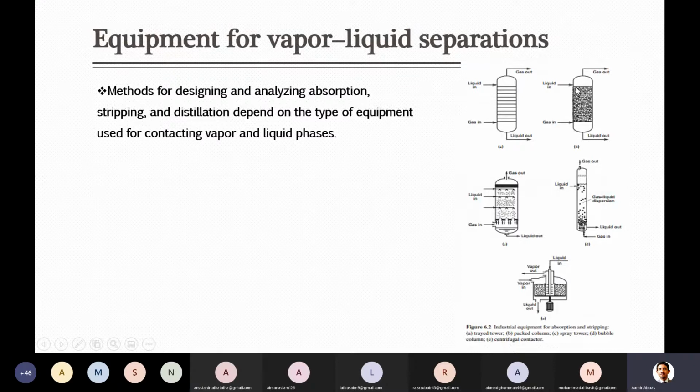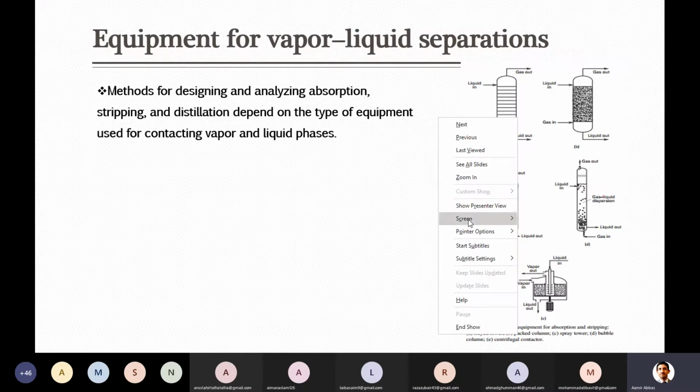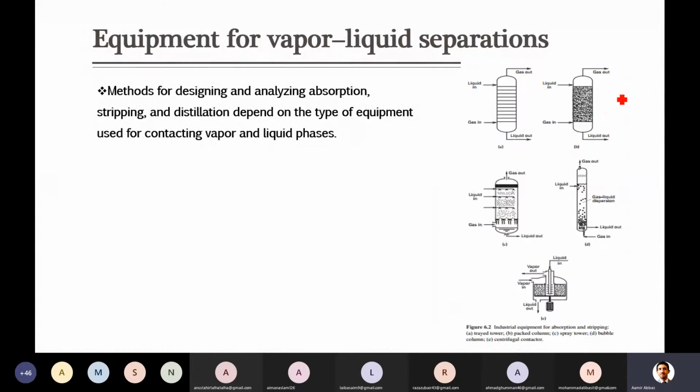Sometimes if you look at its symbol inside software, for example in VGO or other equipment software like Aspen, there is usually a cross. It is the symbol for packing, so wherever you see such a symbol, it shows that it is a packed tower, maybe a packed reactor, and so on.